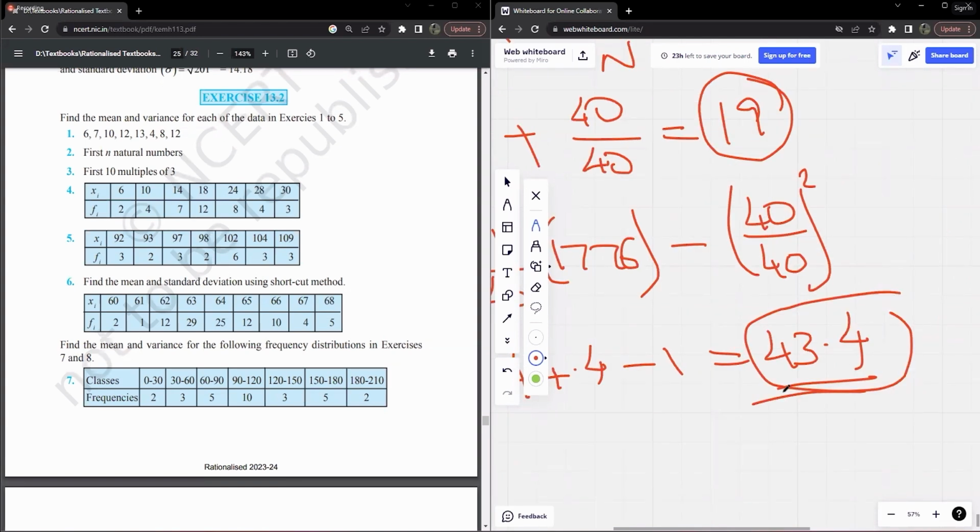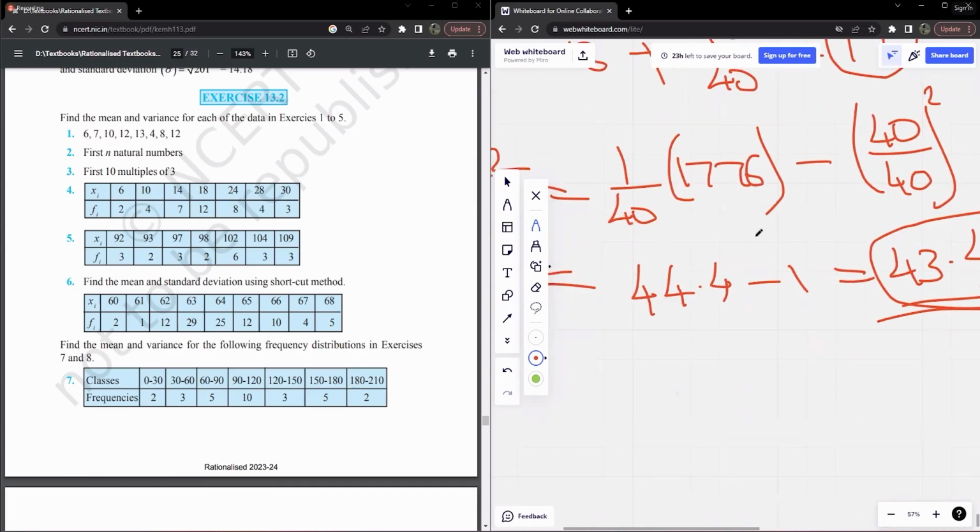Wait a minute, it's actually not 0.2, but this one. Also, my bad. I'm sorry.